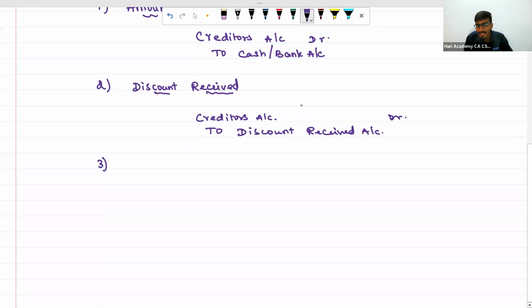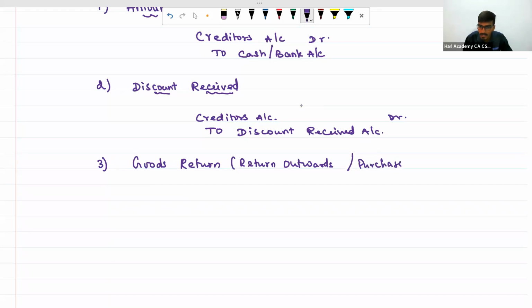Third one, due to some damages, I may return the goods. That return, we will call return outward, alternatively called purchase return. Okay, they will play with the words. In your examination, they may specifically give the words goods returned, or they may specifically give the word purchase return.